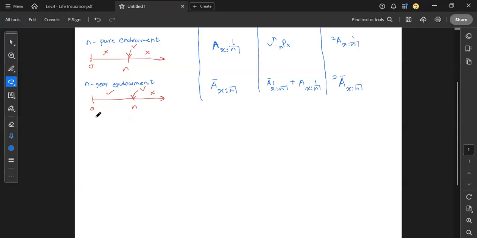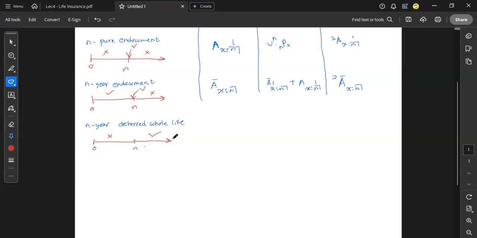And for n-year deferred whole life insurance, you get nothing between 0 and n.